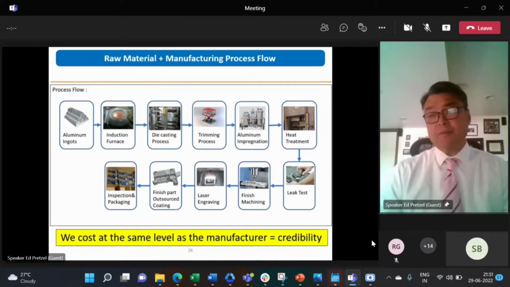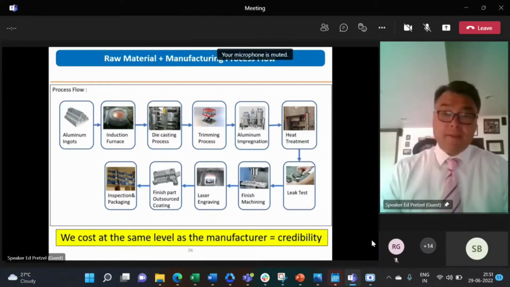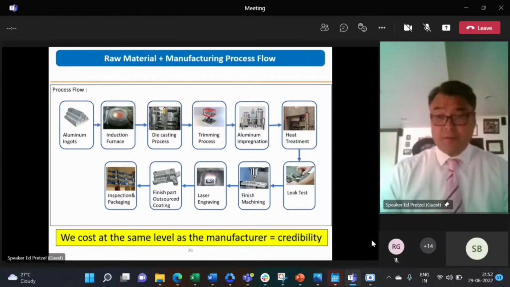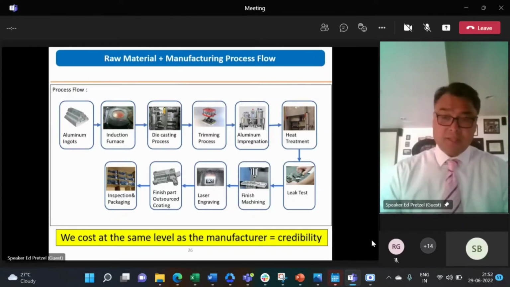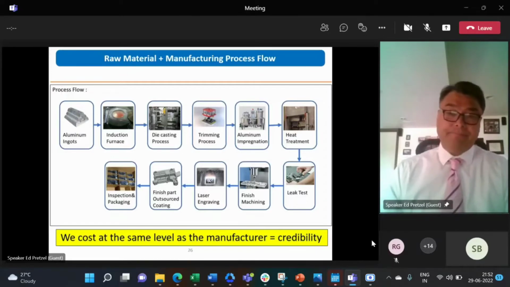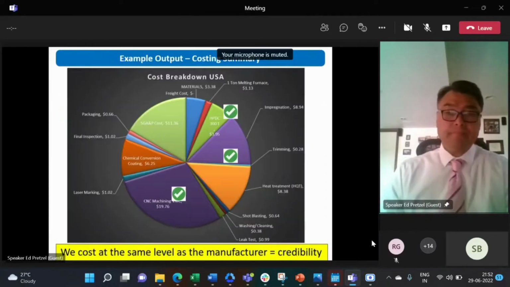Anytime you have outsourced services, and in this case, such as say impregnation or machining, there's going to be additional SG&As and there's going to be some additional freight costs. So if we know that, then we'll add that in. If we know that the company is vertically integrated, it's going to be more efficient, then we'll cost it in that manner.